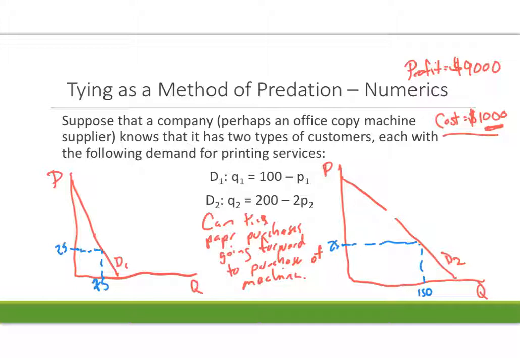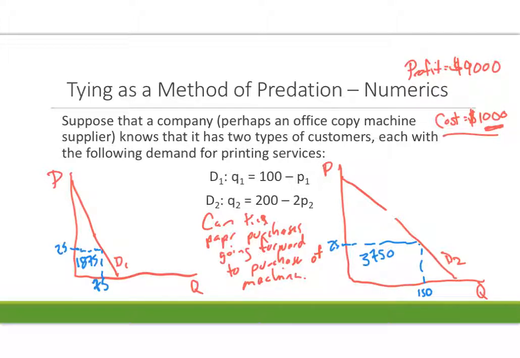So if they charge $25 for paper, the buyer on the left is going to buy 75 reams, cases, pages, whatever it happens to be, at a price of 25. So their expenditure here is going to be $18.75. On the right, at a cost of $25, they're going to buy 150. So their expenditure is $37.50.